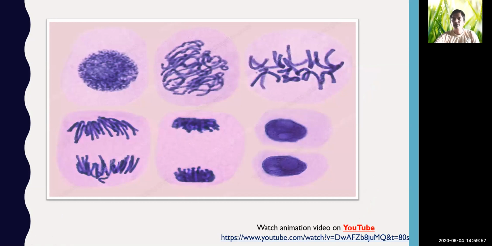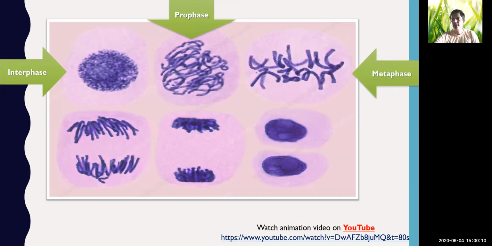Actually, when we do practical work, the diagram looks like this slide. So first is the interphase, then in prophase the chromosomes slightly become thicker, and then in metaphase they are aligned on the equator plate, also called the metaphasic plate.